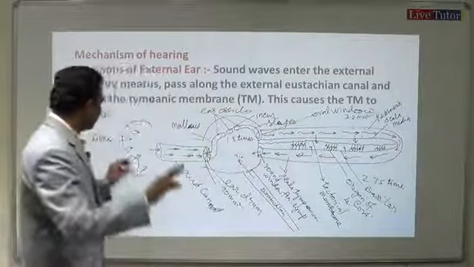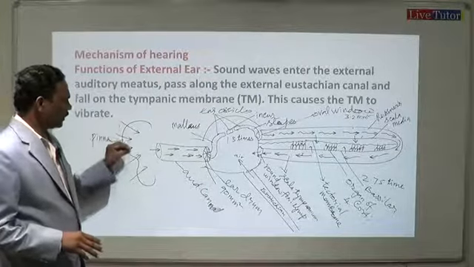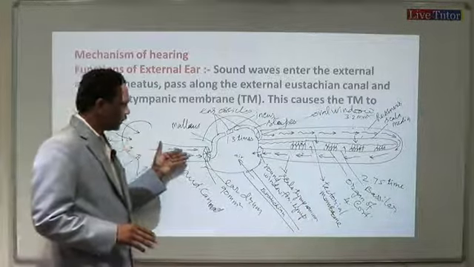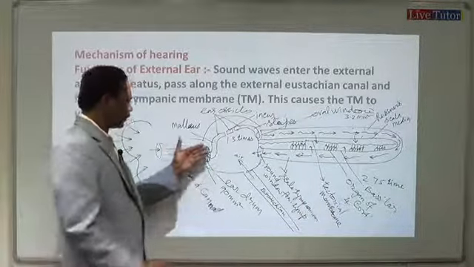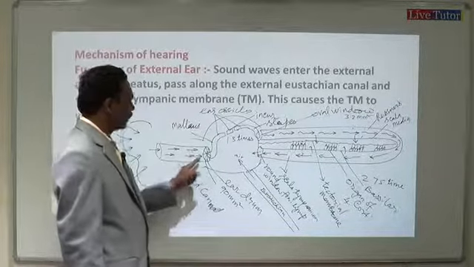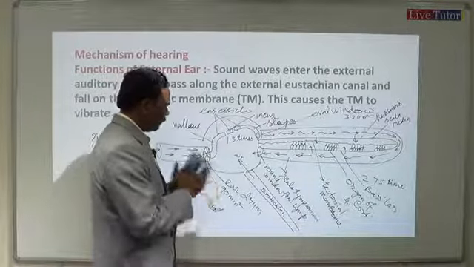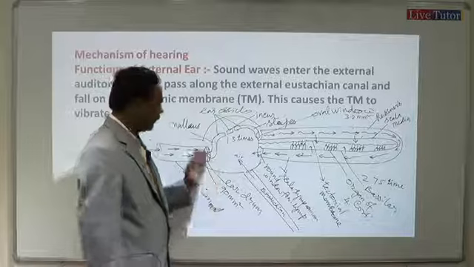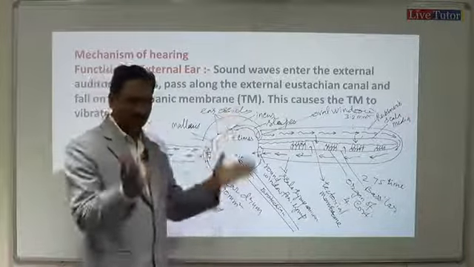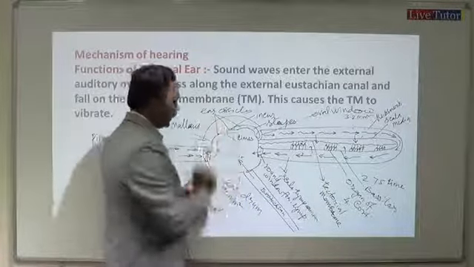First, see here: the pinna is used to collect and concentrate the sound waves, which are allowed to pass to the middle ear through the auditory canal. The sound waves strike the tympanum, which gets vibrated. Tympanum means eardrum. Then the middle ear is a bony labyrinth, surrounded by the temporal bone, and it is an air-filled cavity.